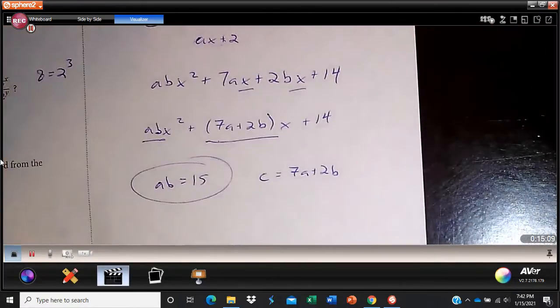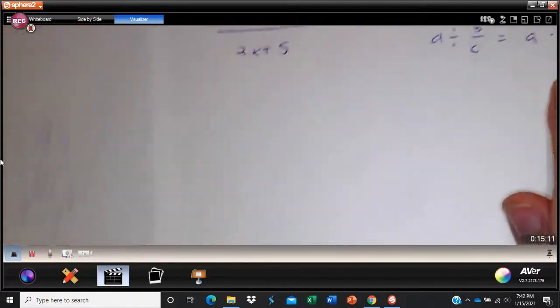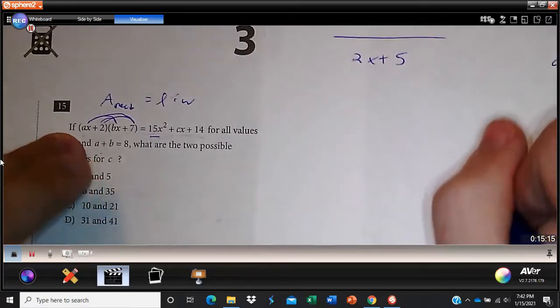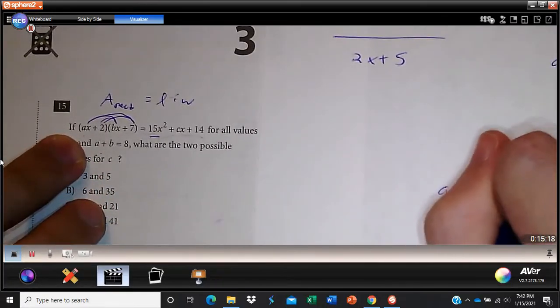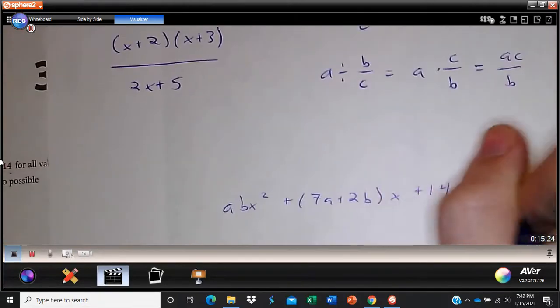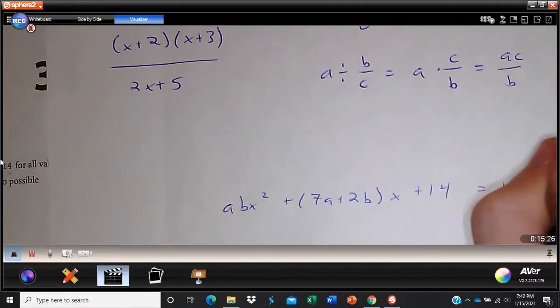Let me rewrite this out a little bit just to make sure I was clear on that. So we already simplified the left-hand side. We found it to be abx squared plus (7a plus 2b)x plus 14, and that's equal to the right-hand side, which was 15x squared plus cx plus 14.